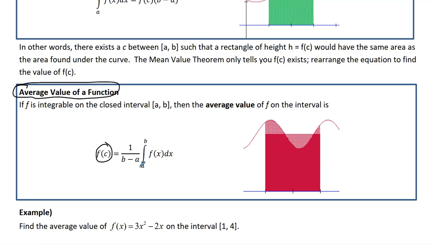So 1 over b minus a times the integral from a to b of f of x dx. So in this case, the area in this box here is equal to that there. If I subtract some values, you're going to get that value of the full function. And so now let's get into an example of average value.